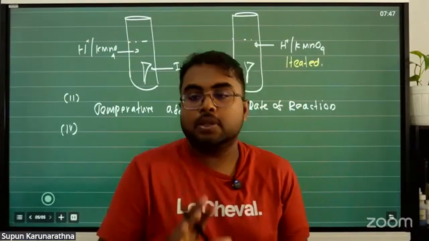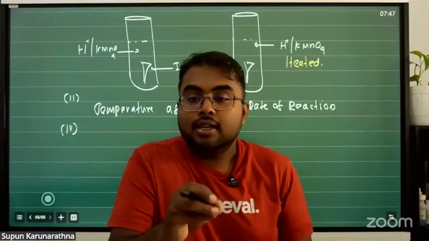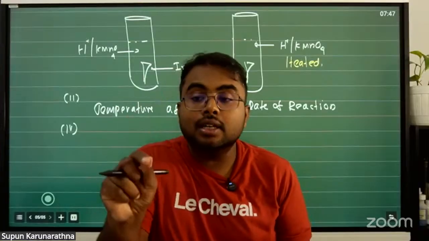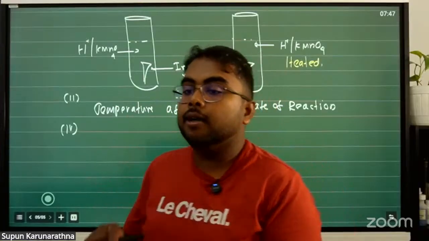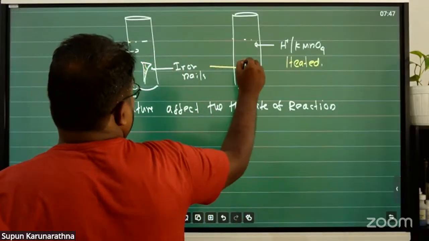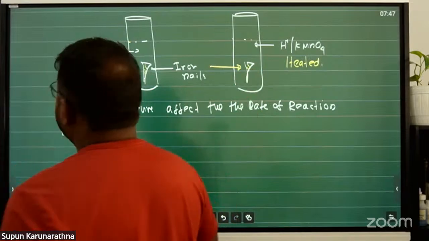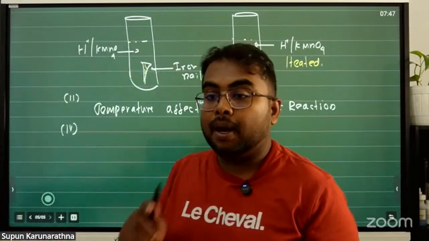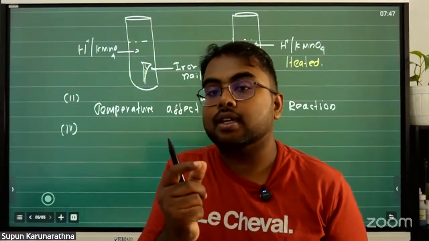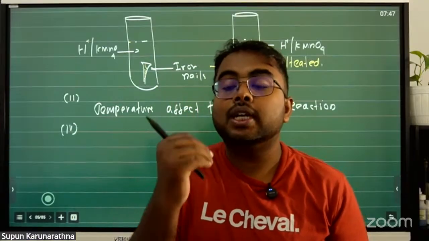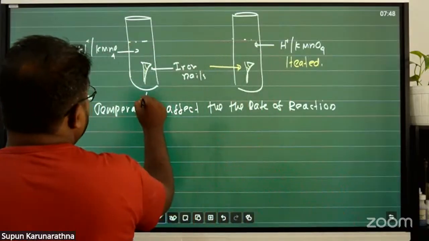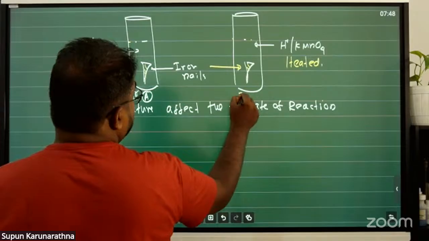So when we put the nails, the color is decolorized. But the important thing here is that in both test tubes the potassium permanganate gets decolorized, but the time taken is a very important factor. The time taken to decolorize the potassium permanganate in test tubes A and B is not the same.